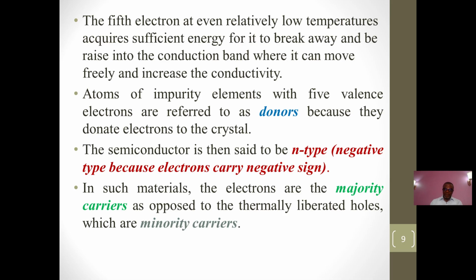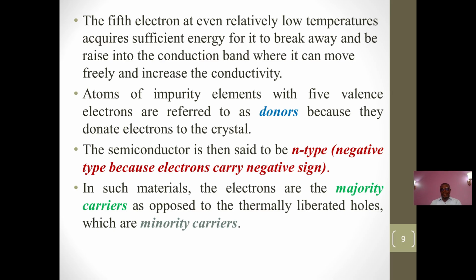Now, remember, when we talk of electrons, we see that small circle with minus inside, we call it electrons. So that minus is what gives this type of semiconductors N, because it's like negative. So the semiconductor is then said to be N-type or negative type because electrons carry negative sign.